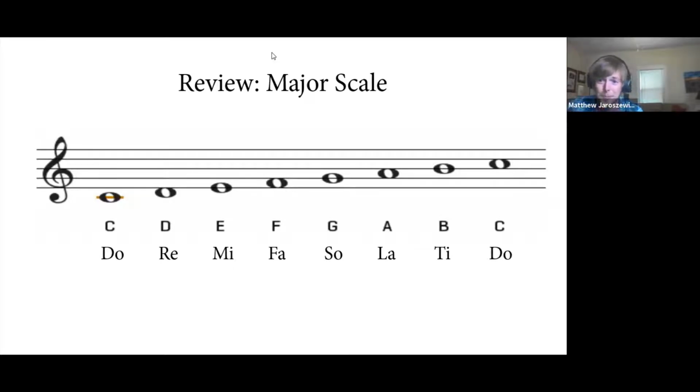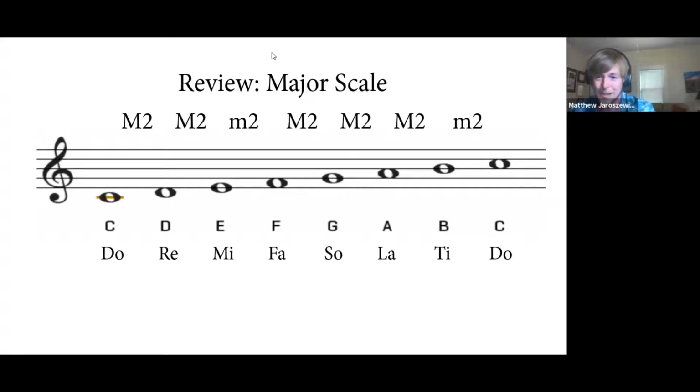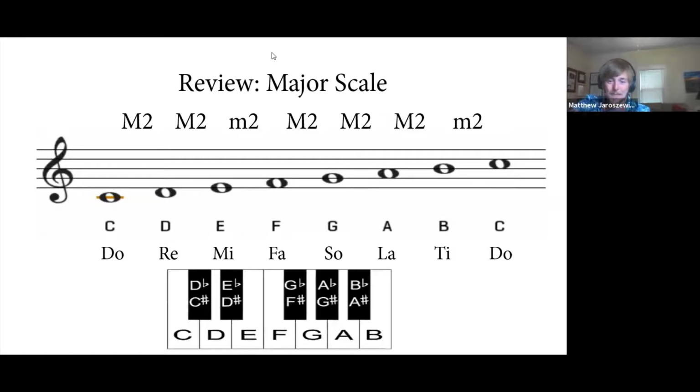You have a mnemonic device we call solfege syllables to help you remember how the scale goes. A scale is a collection of intervals, in particular a collection of seconds. The major scale has 2 major seconds, a minor second, 3 more major seconds in a row, and finally a minor second. That is our major scale, and from it we're going to build all the harmonies we're going to use.